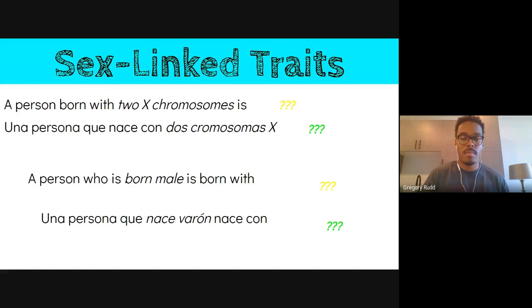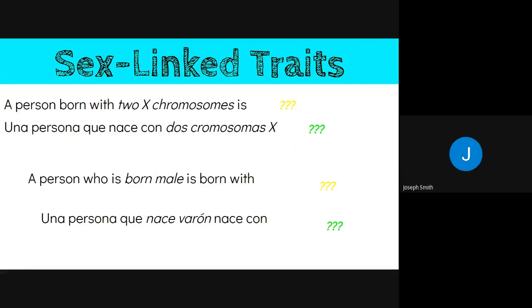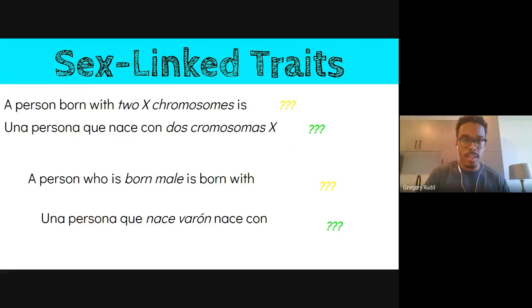A boy? No, this person does not have a Y chromosome. Oh, a girl. Yes, we would expect them to be born a female. So females are born with 2 X chromosomes.